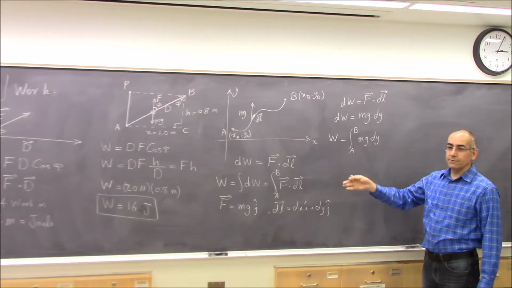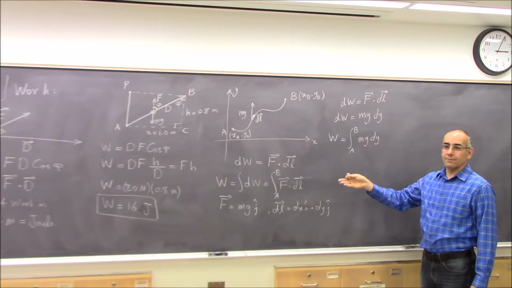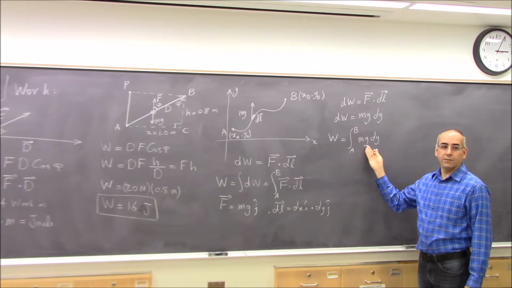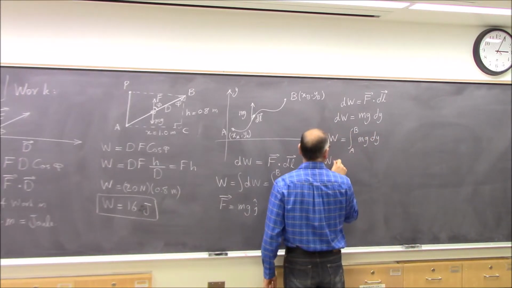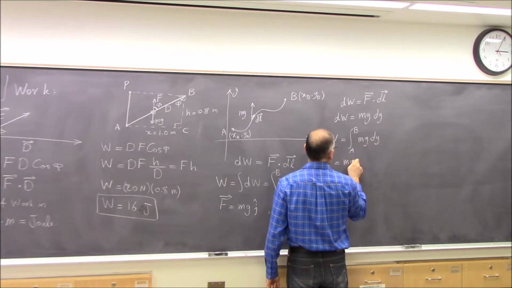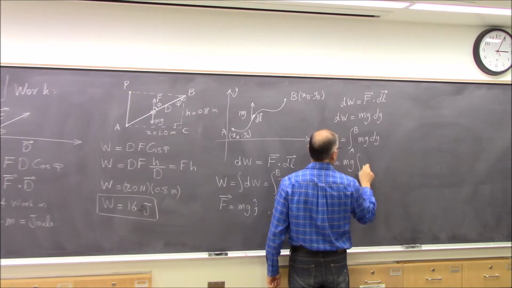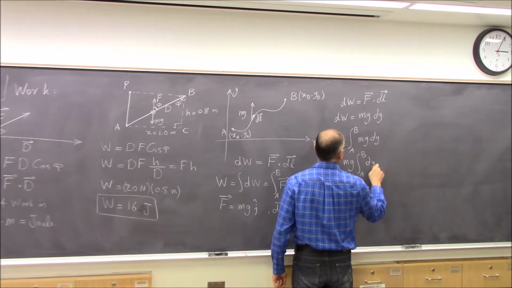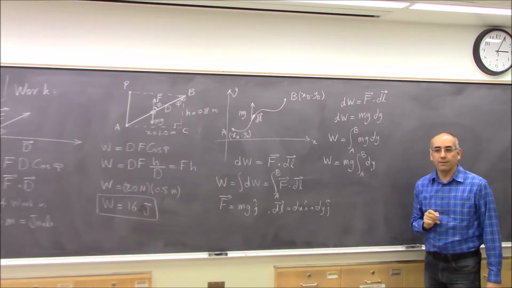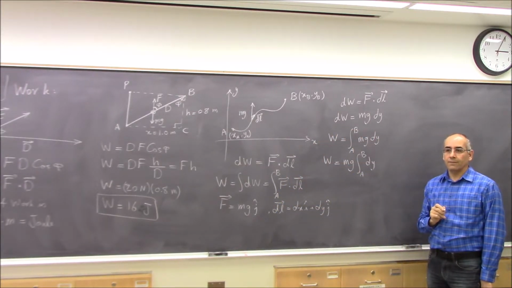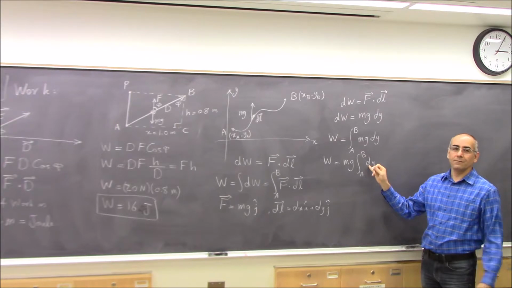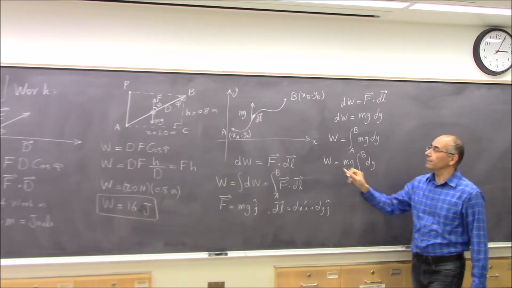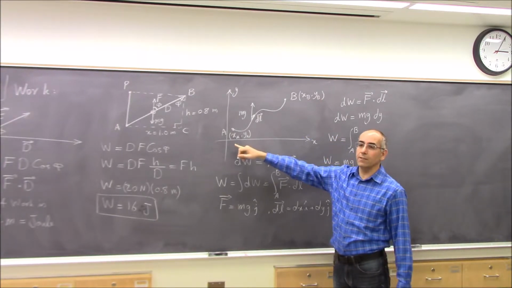What is constant? m is constant, g is constant, because they go out of the integral, right? So W is equal to mg times the integral from a to b of dy. Right? What is the integral of dy? y. And then put b and a, get y of b minus y of a.